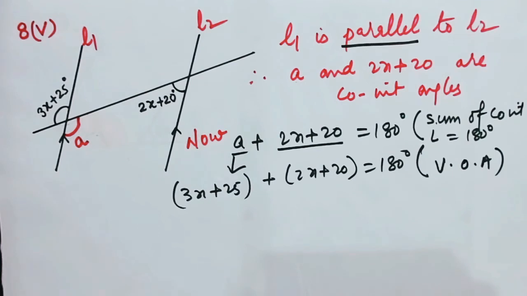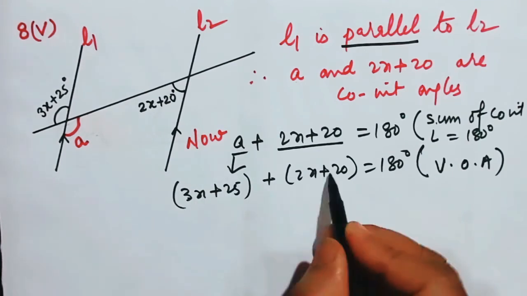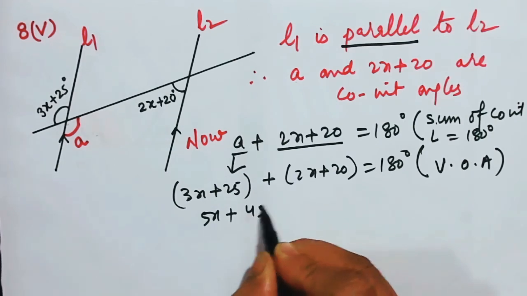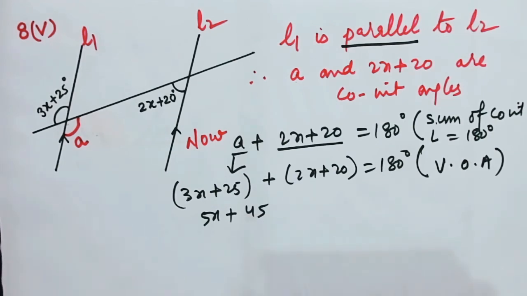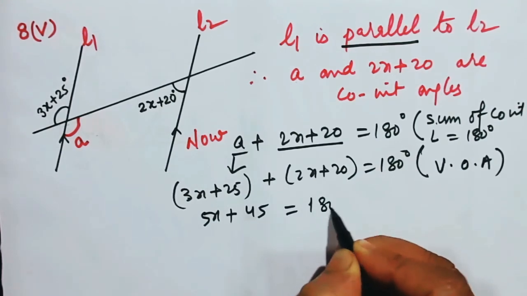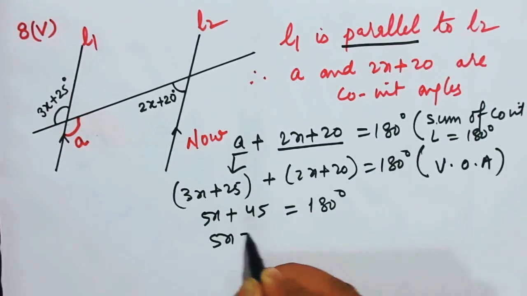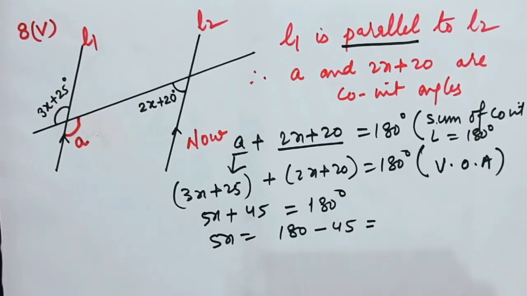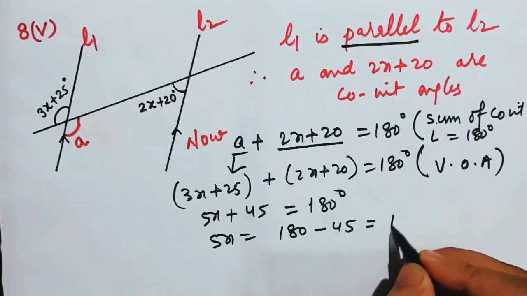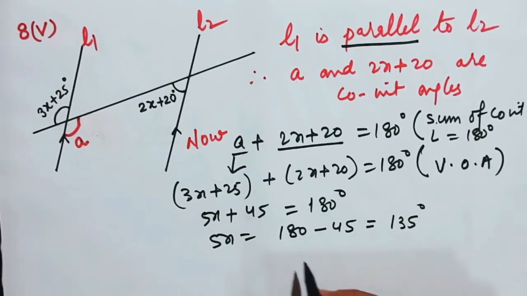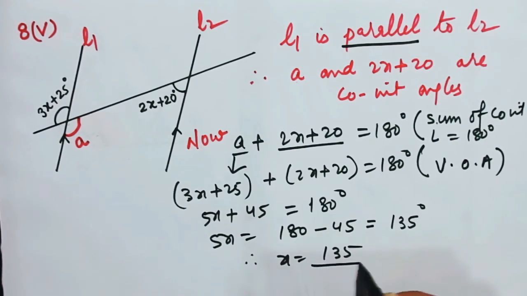Now our next job is to add and subtract. 3x plus 2x, 5x plus 45, isn't it? 5x plus 45 will be equal to 180 degree. 5x is equal to 180 minus 45, which will be equal to how much? 135 degree. Therefore, x will be equal to 135 by 5.